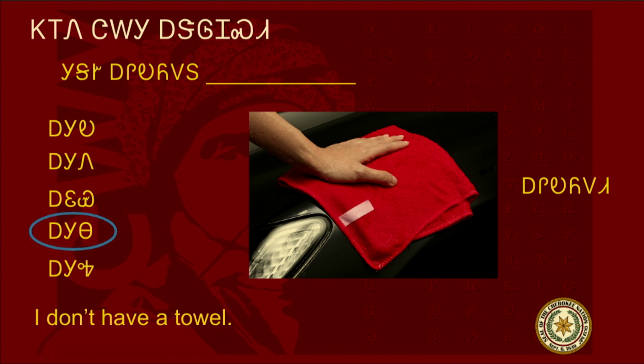Okay, how would you change that sentence and say, I don't have a towel? Well, of course, to make a negative, we would start with tla, and then we would put a Y sound.